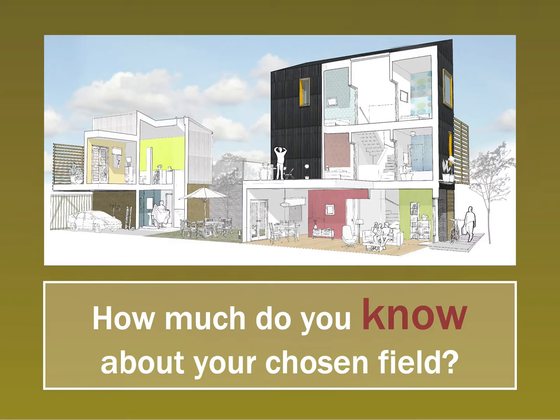I always ask students, how much do you know about your chosen field? And I'm just going to be very straightforward about this. When I decided I wanted to be an architect, I didn't know as much as I should have. And it wouldn't have stopped me from becoming an architect at all. But it definitely would have helped if I had known more, to know that some of the choices I ended up making as a graduate, I might have made different choices.